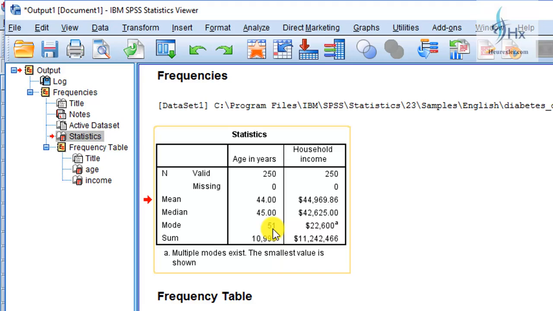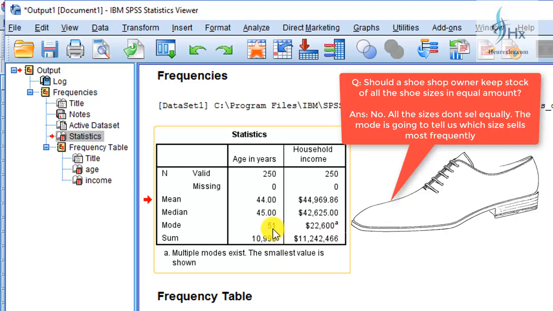Maybe if you are in a shoe shop and you are supposed to tell your boss or customer which is the most frequent or most common shoe size preferred by customers, our experience suggests it's generally number 8 and number 9 for males. In that case, mode might be a very useful statistic, not mean and median.